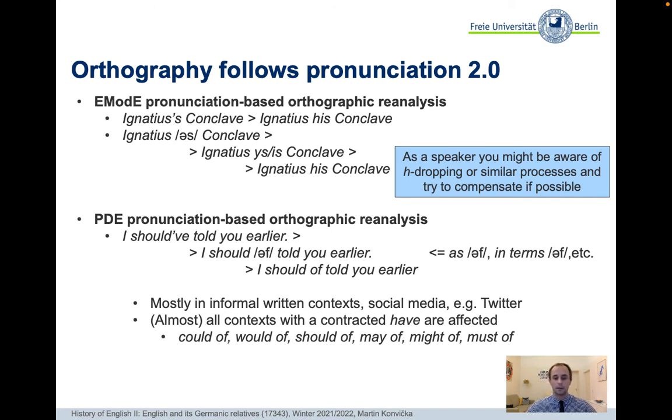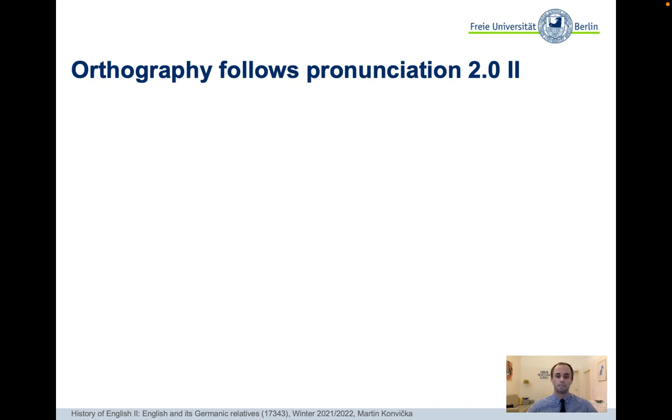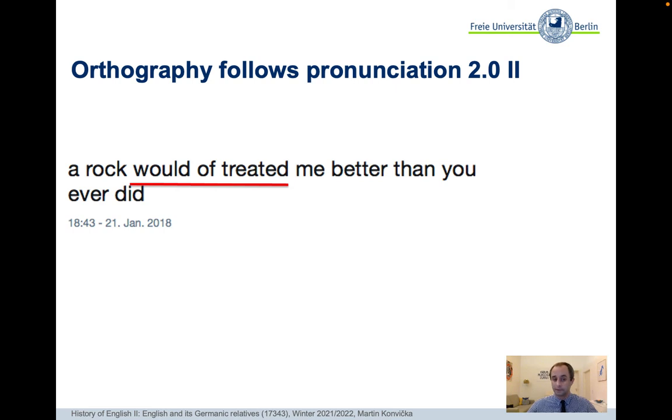And it basically affects all the contexts where a contracted auxiliary have is used. So you can have could of, would of, should of, may of, might of, must of, and so forth. Right, an example is here. "A rock would of treated me better", right?